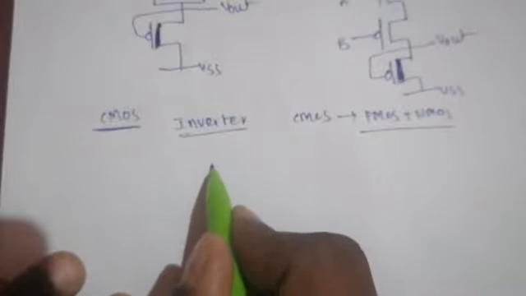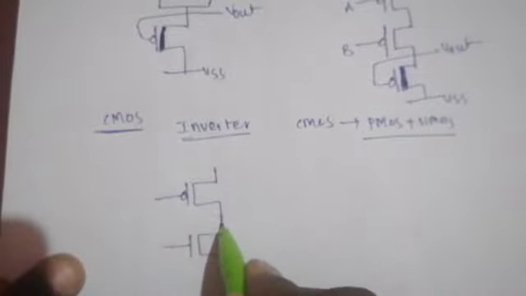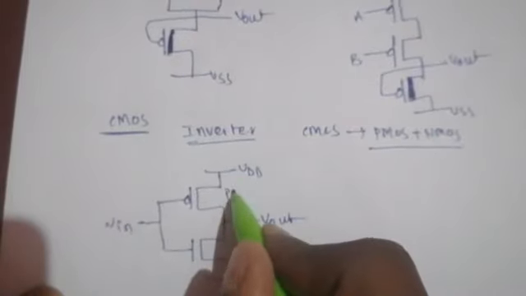Above, we have designed the PMOS logic, and below, the NMOS logic. These two are attached here, and from that we can connect the output voltage. This is VDD, this one is VSS. These two are shorted, with a single input, which you can assign as V input. This is the PMOS, this one is NMOS.